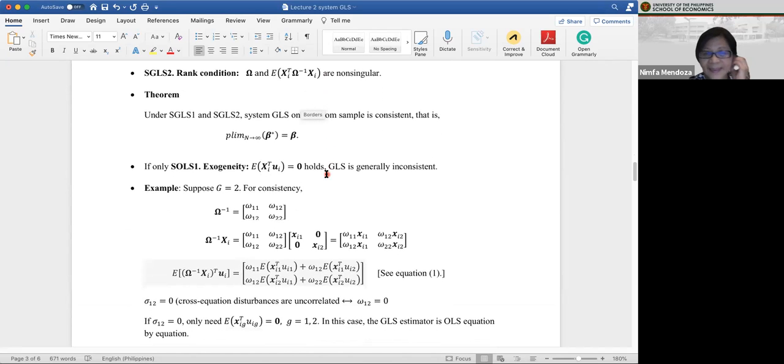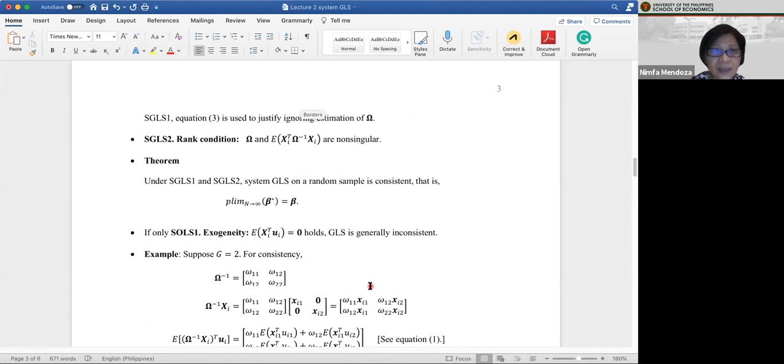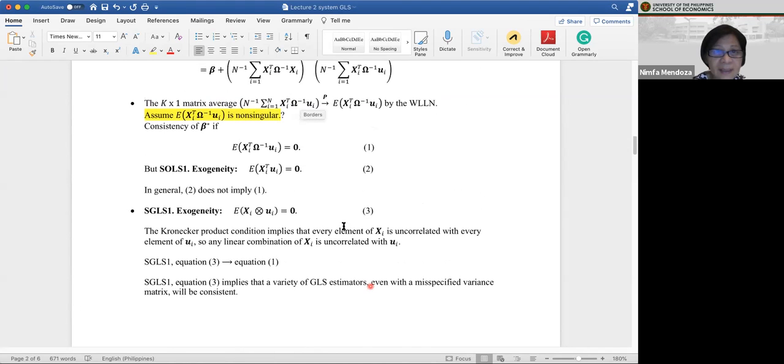If you get the transpose of this and multiply by U sub I, you get this expression. Note that this is a 2 by 1 matrix, so this is wrong, definitely. As the examples show, we have a 2 by 1 matrix.